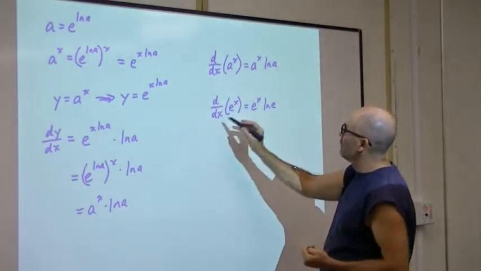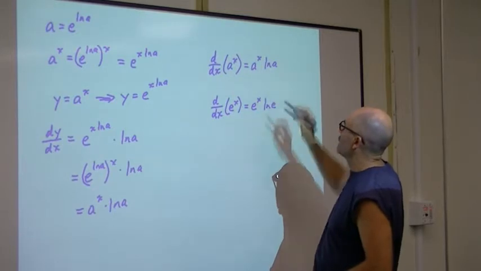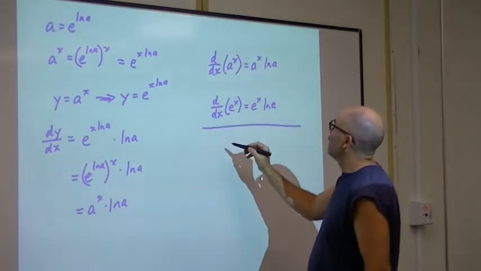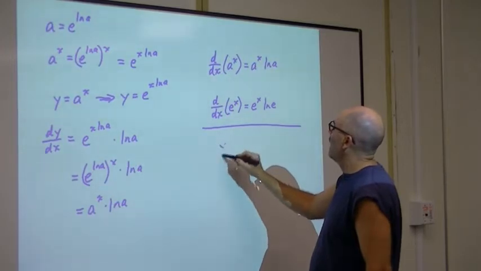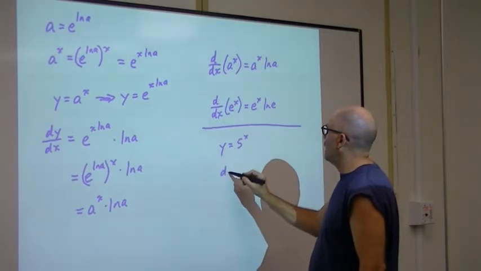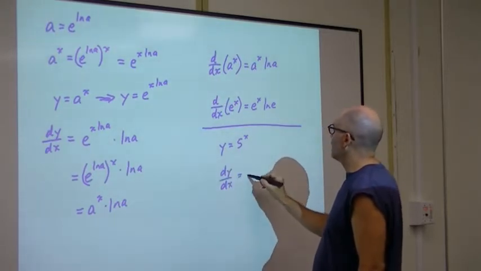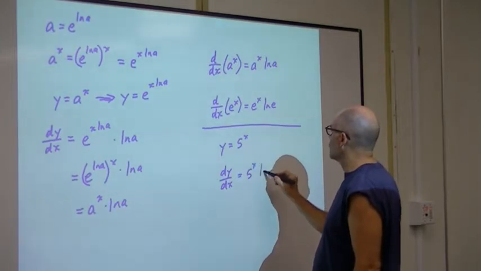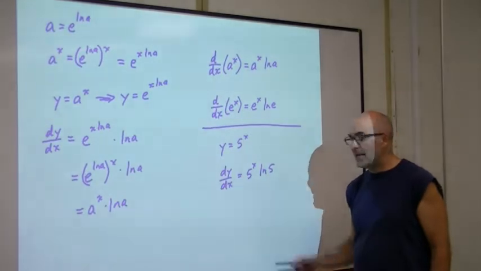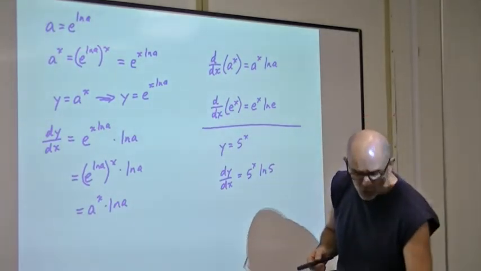So basically the derivative of e to the x is e to the x. The derivative of a to the x is a to the x natural log a. Now what's an example of that? Well, if I know that y equals 5 to the x, then I know dy/dx equals 5 to the x natural log 5. Don't forget natural log 5. That's basically your chain rule.